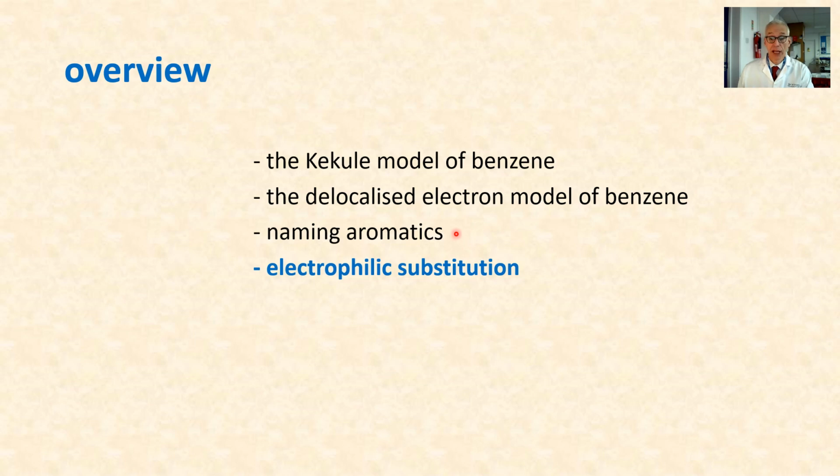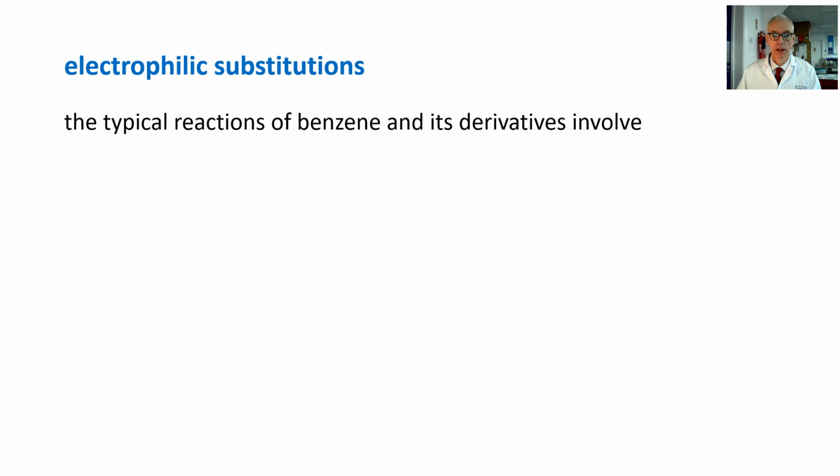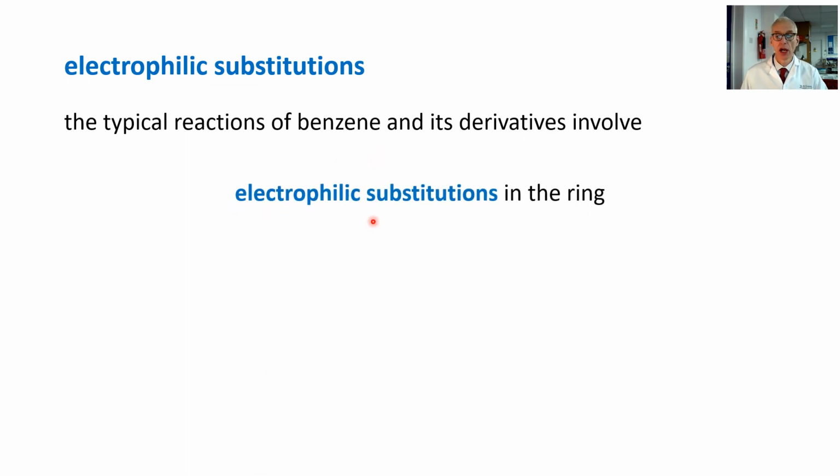The typical reactions of aromatic compounds are electrophilic substitutions. So the typical reactions of benzene and its derivatives involve electrophilic substitutions in the ring rather than electrophilic additions, which we see with alkenes and other unsaturated molecules.